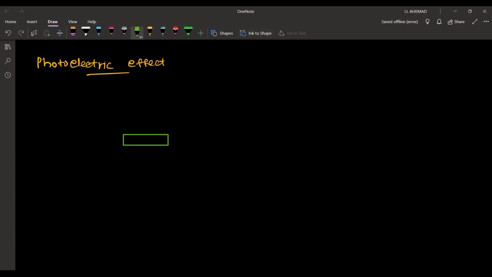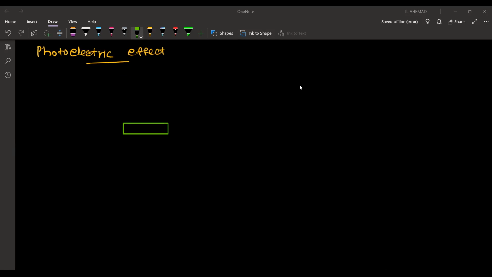First, let's look at an example as proof that there is some kind of phenomenon taking place when UV radiation is focused onto a metal. So this is a piece of zinc metal, and here are two metal foils.